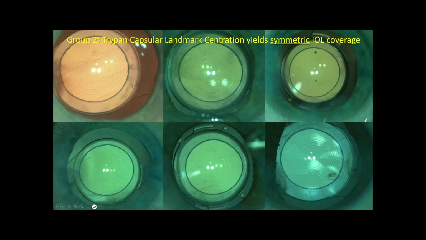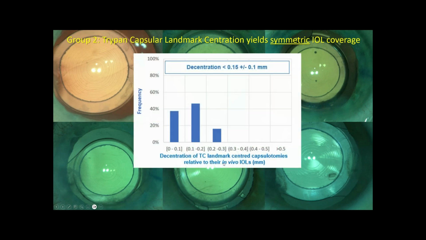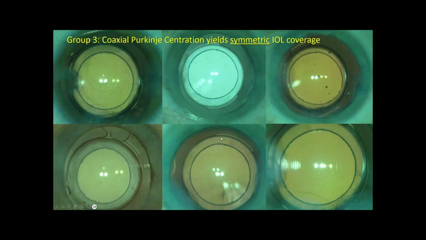We can see here the Purkinje images in the patient with the IOL in the central region of the multifocal lens. Very high correlation as you expect, half as much decentration as you would see with pupil centration, a much tighter distribution and the maximum displacement being 0.3.